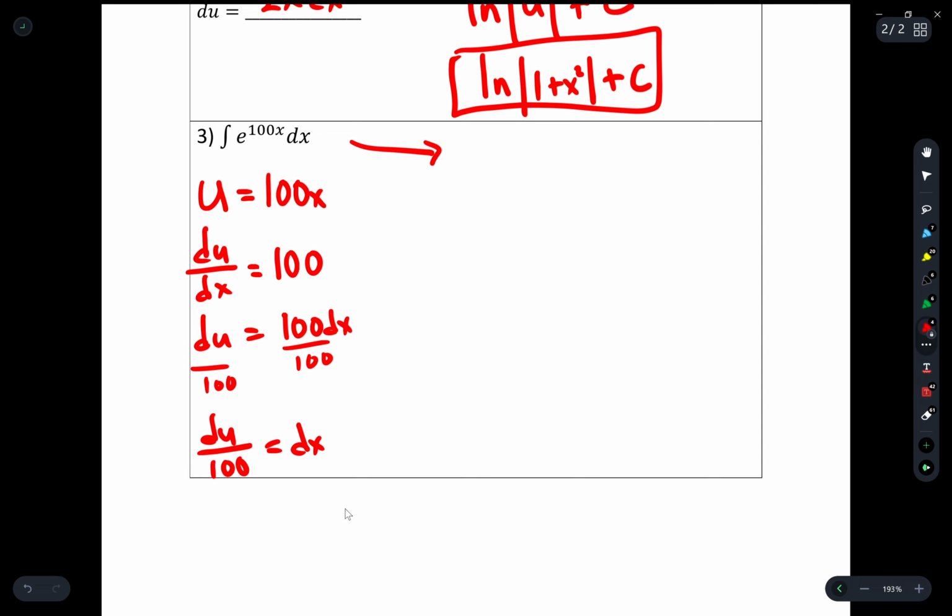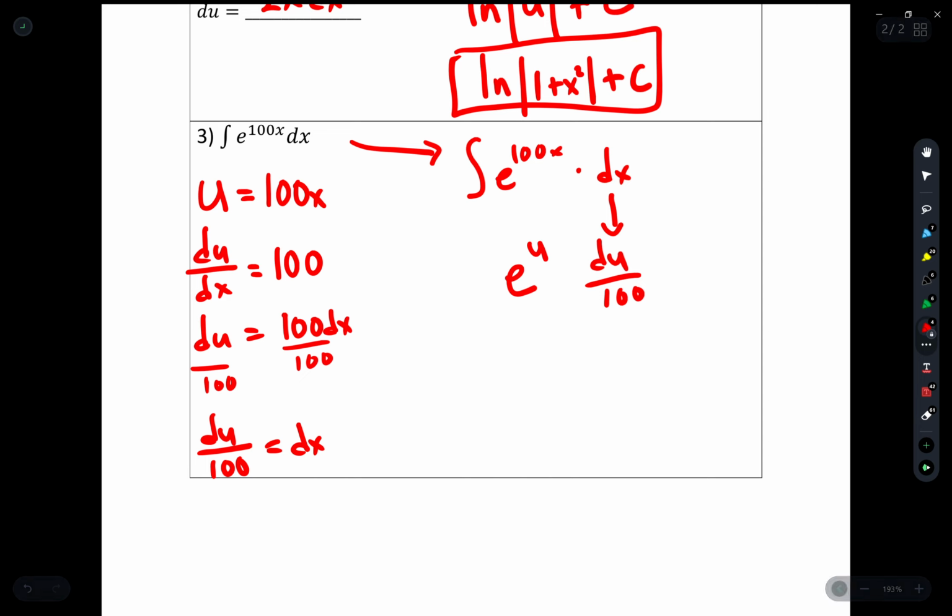When we come here, we're going to have our integral, and wherever I have dx, I'm going to have a du over 100. This is going to be e to the u, so I'm going to have e to the u times du over 100.